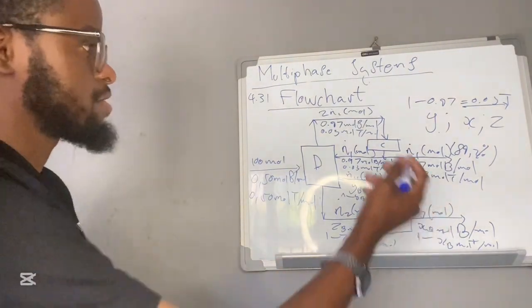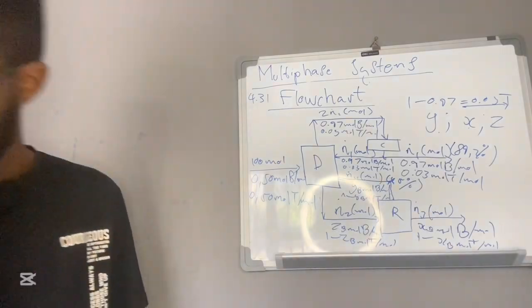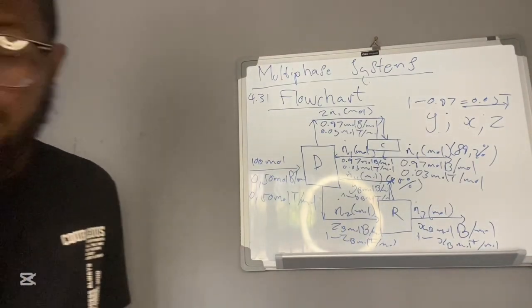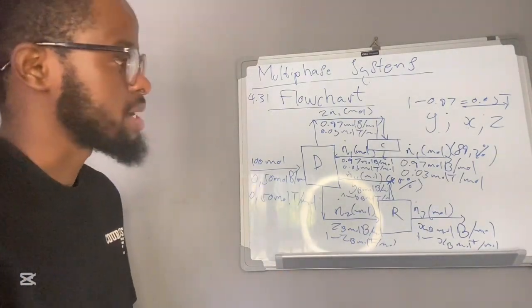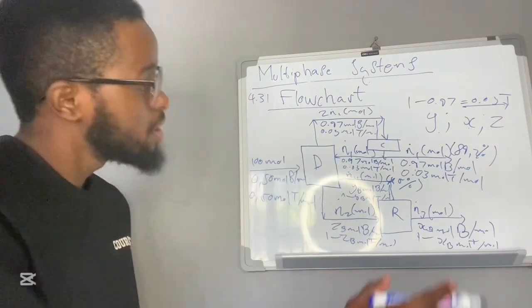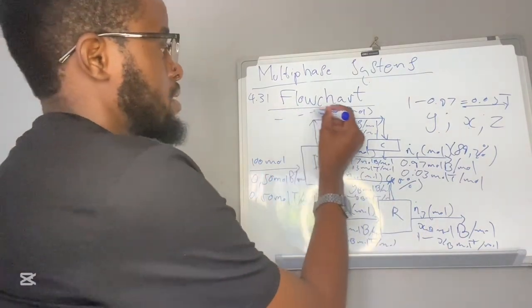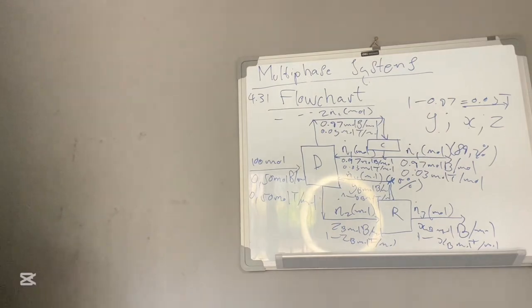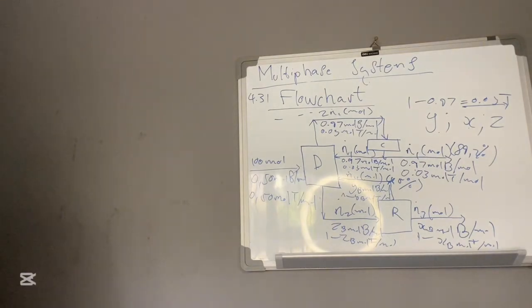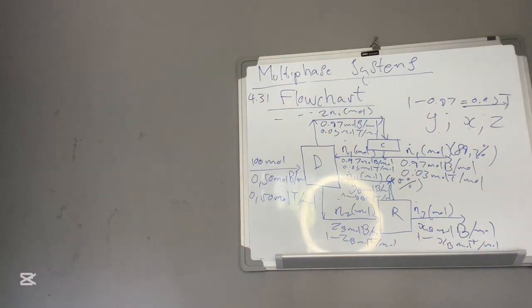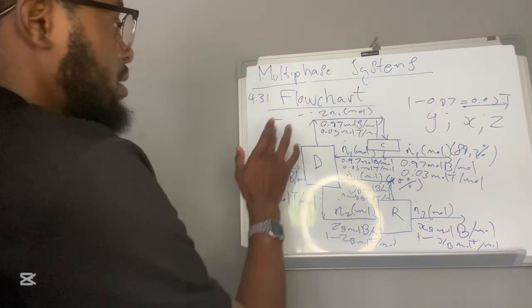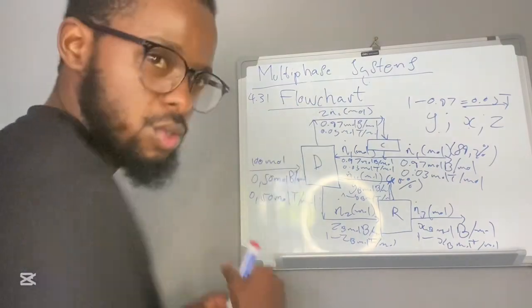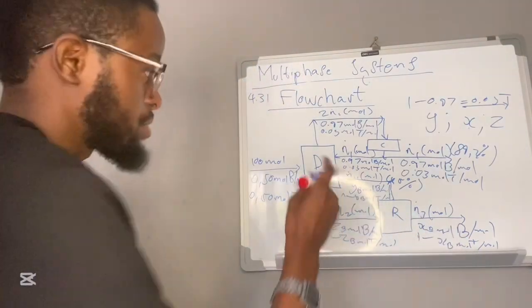So yeah, this is your flowchart right here. That's question number 8. That's your flowchart right there. And then you guys know we have overall, and let me use a different marker for that one. So now I'm going to assign my overall.